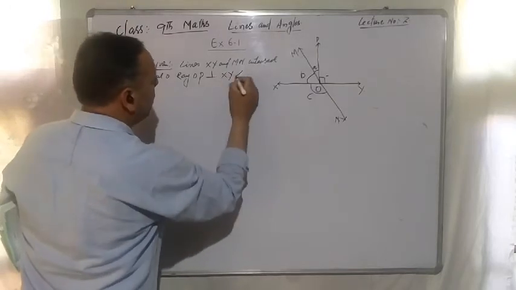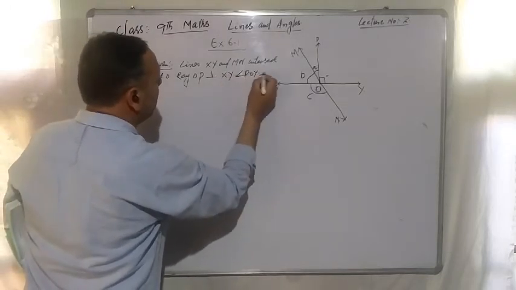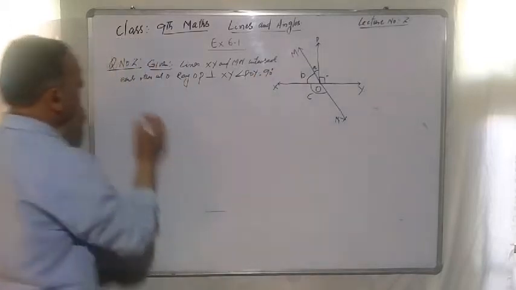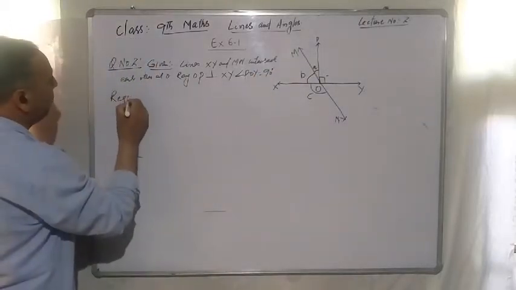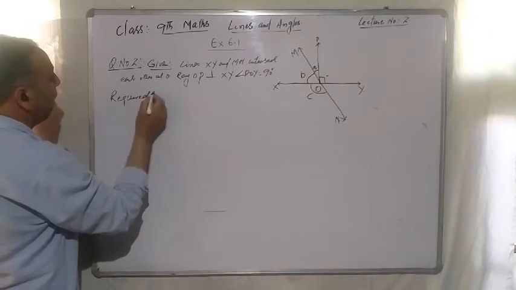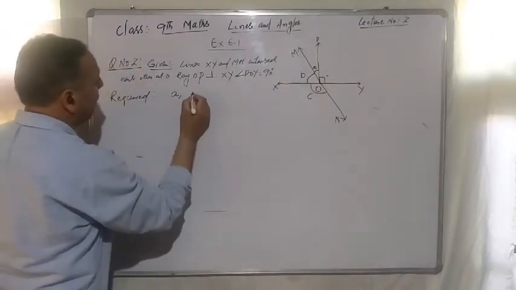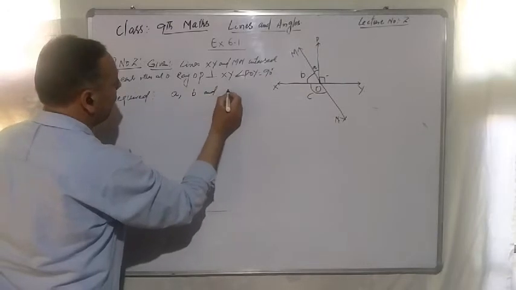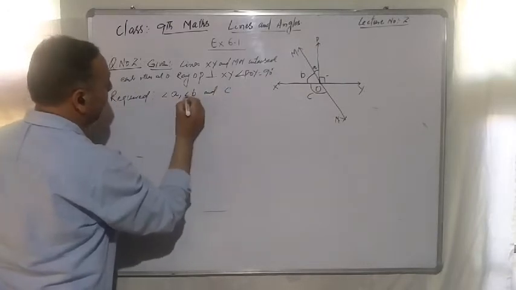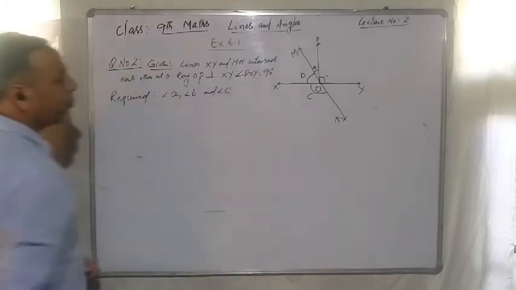That means angle POY is equal to 90 degrees. Look at what we have to find out. We have to find out angle A, angle B, and angle C. All these three are angles.